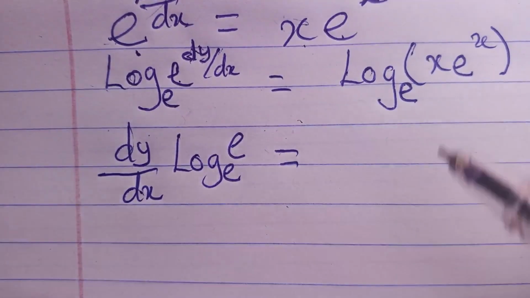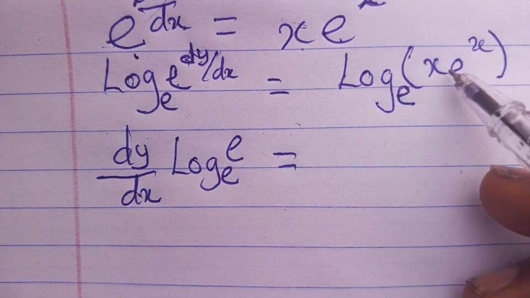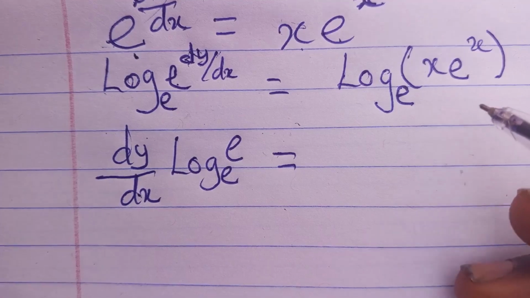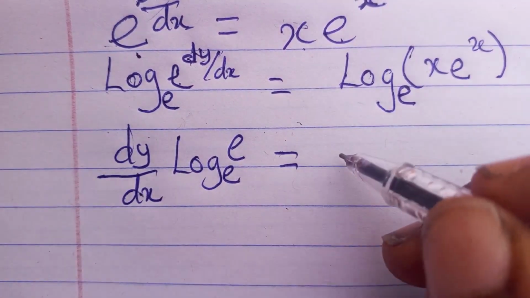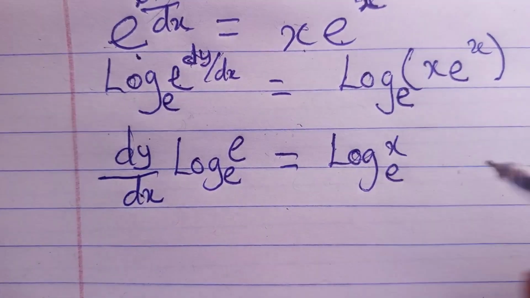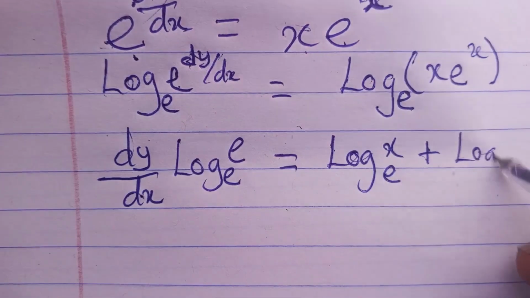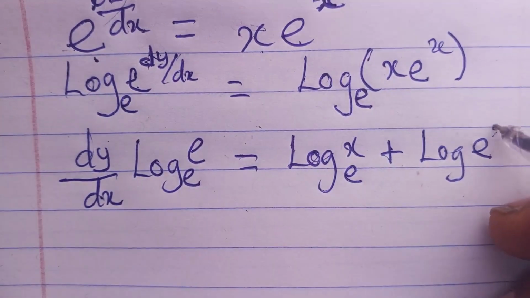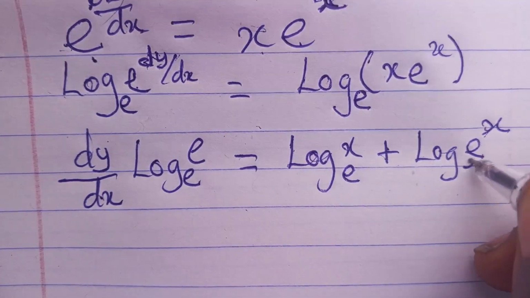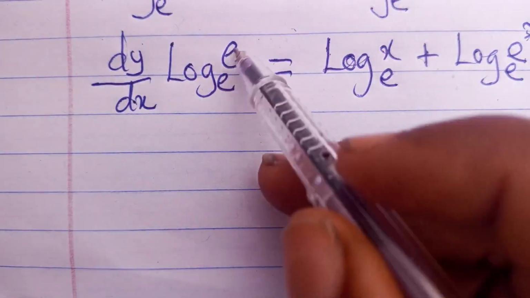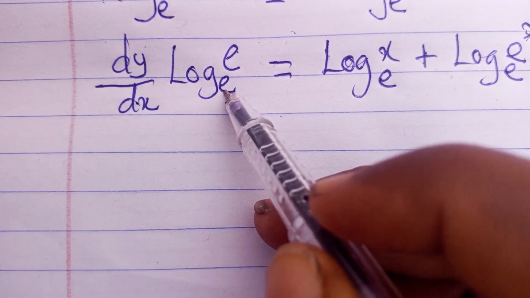equals, this is a product, so from the laws of logarithm, in a product you are going to add. Then we have log x base e plus log e raised to the power of x base e. So log e base e is 1 from the laws of logarithm.